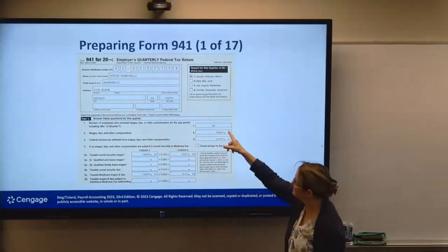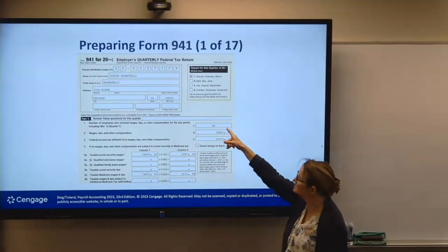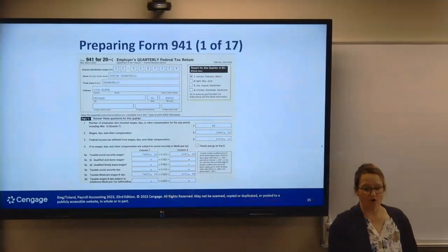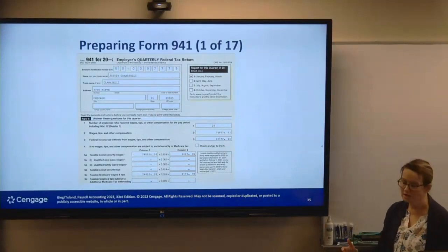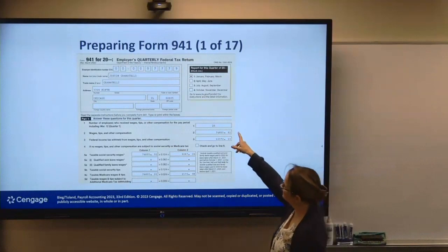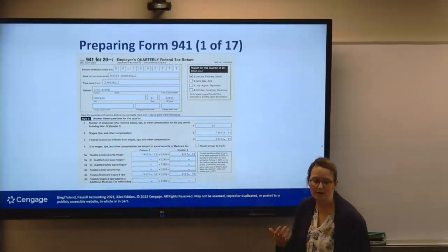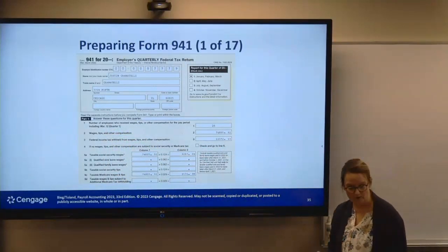The next part here that I skipped over, which is necessary information, is asking how many employees you had on a particular date during this quarter. In this case, March 12th, they want to know how many employees you had on the payroll on March 12th.